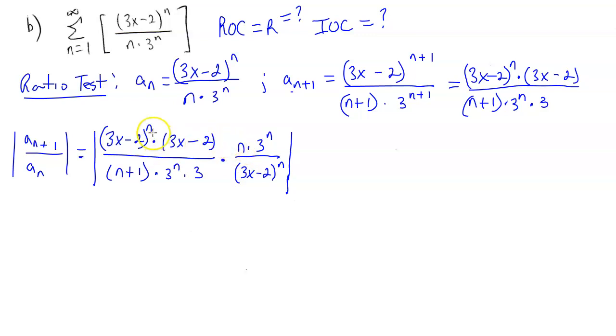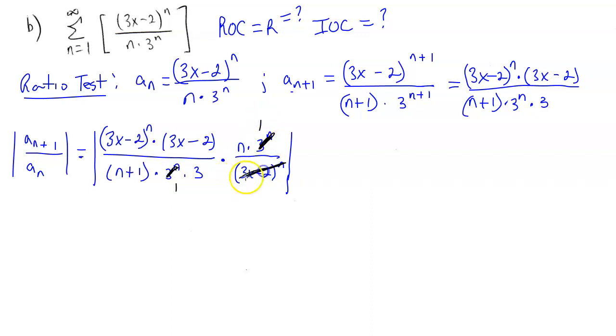I've already written that down. The a sub n plus 1 is this first factor times the reciprocal of a sub n. Now we just need to simplify what we can. This 3 raised to the n over 3 raised to the n reduces to 1.